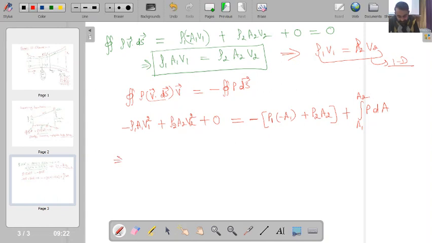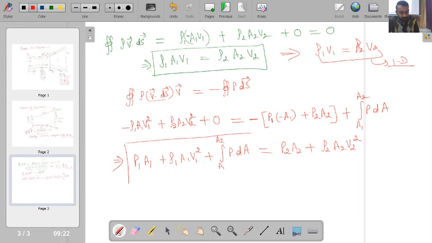Okay, so if you just simplify this, it will become P1 A1 plus rho 1 A1 V1 square plus integral A1 to A2 PdA equal to P2 A2 plus rho 2 A2 V2 square. So this is your momentum equation.